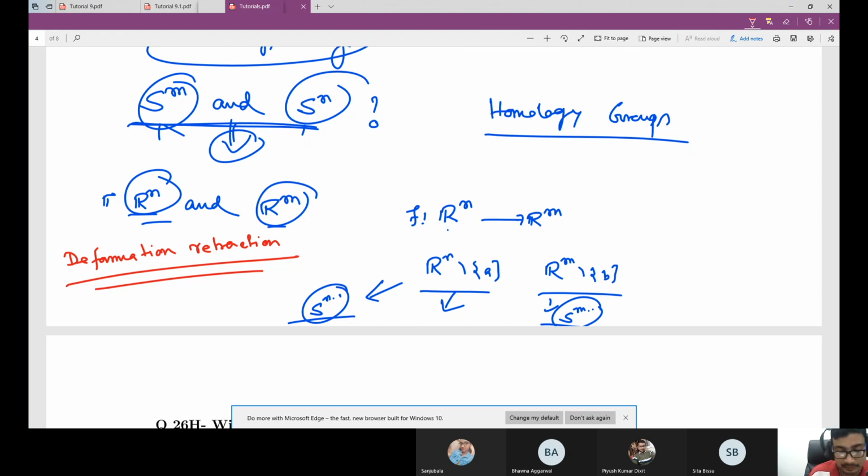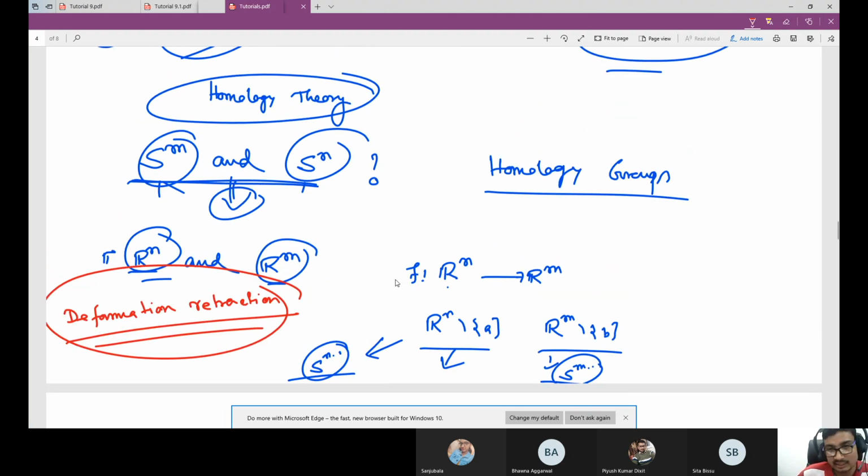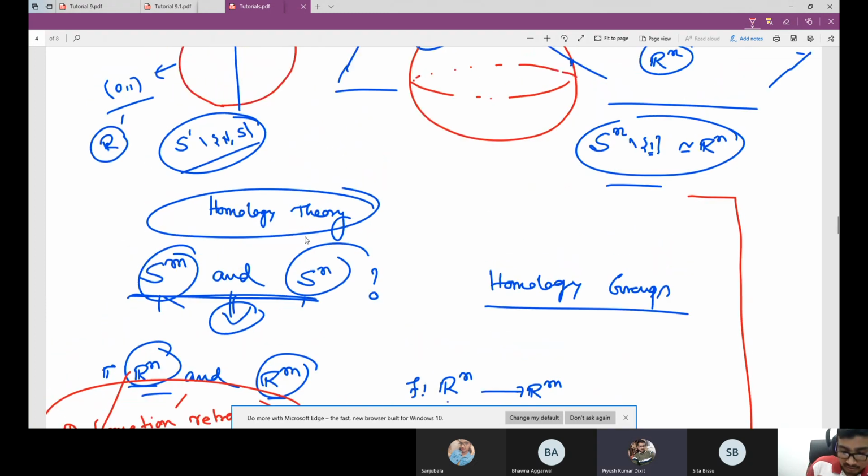There is something called deformation retraction, and in this case, deformation retraction preserves the homology groups, and that is why they are preserved. Actually, these are all parts of homology theory, and you will not understand those at this moment. But I told you just to give you some motivation from algebraic topology. That's it. Now forget about this one at the moment.